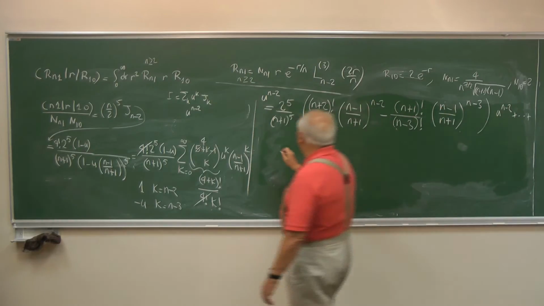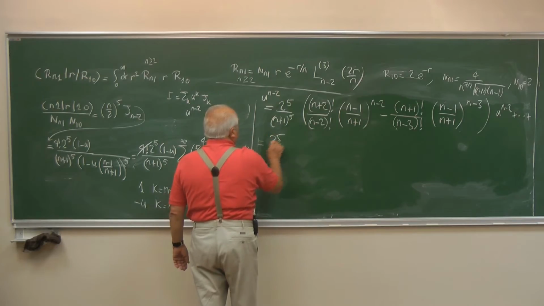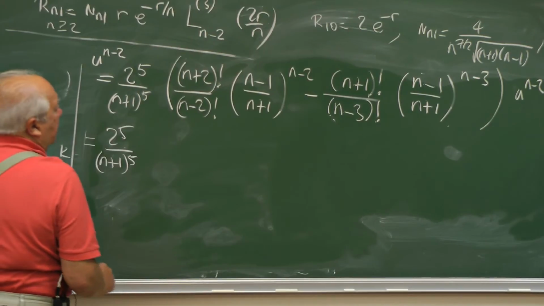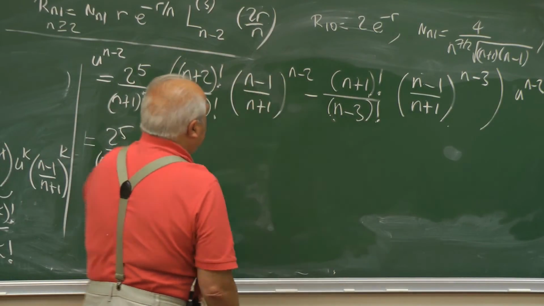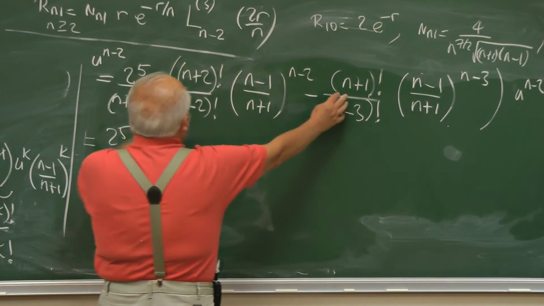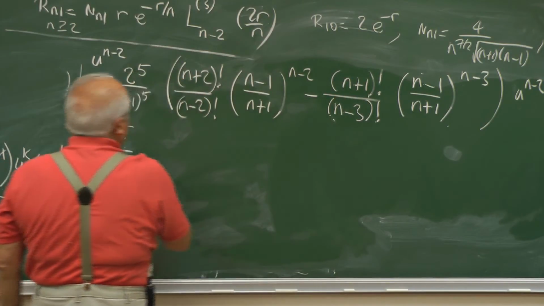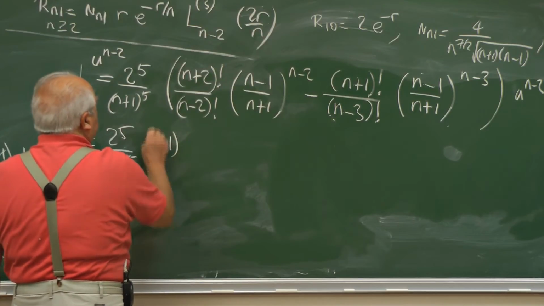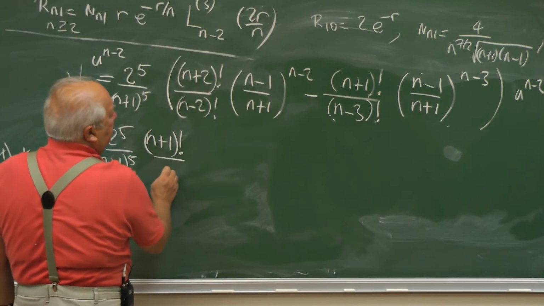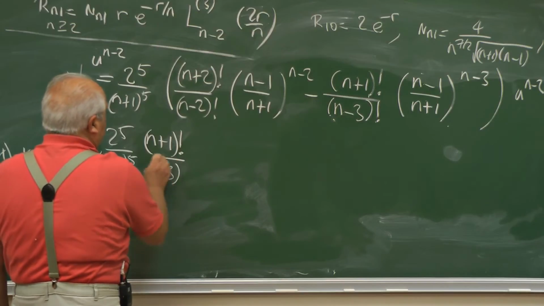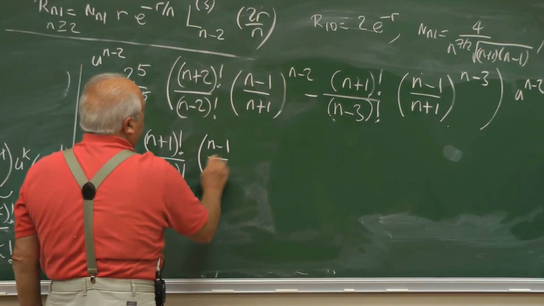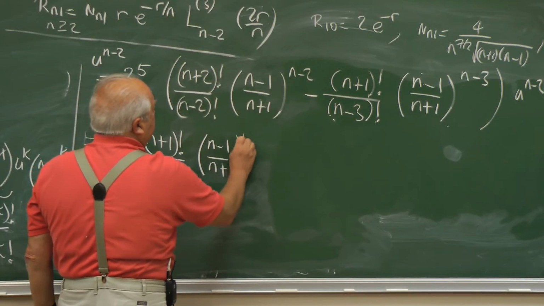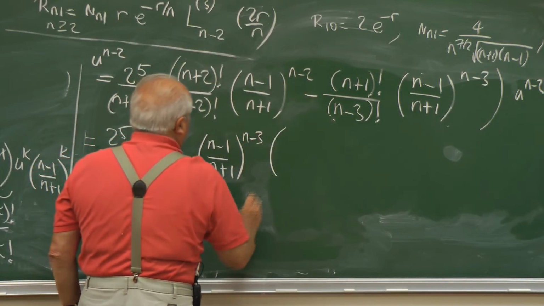So we will do some work here. 2 to the 5, n plus 1 to the 5 is contained in here, so I take it out, and this is also contained in here. So n plus 1 factorial divided by n minus 3 factorial times n minus 1 over n plus 1 to the n minus 3 in parentheses.